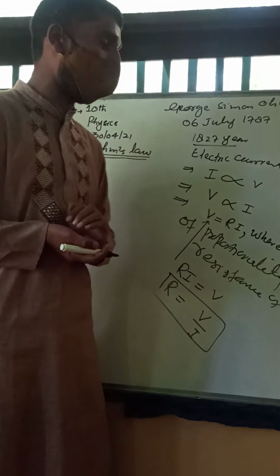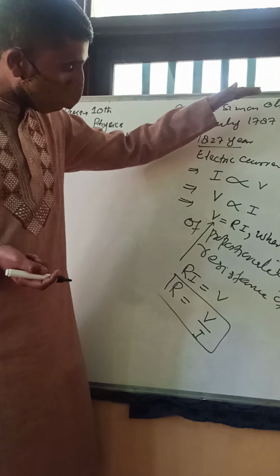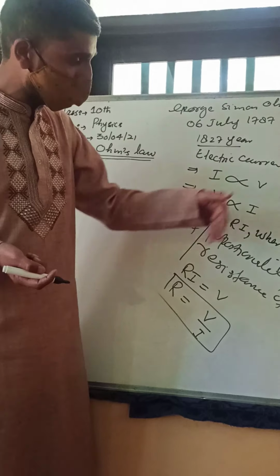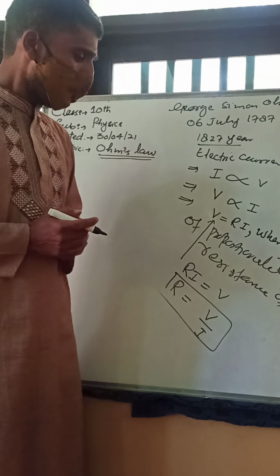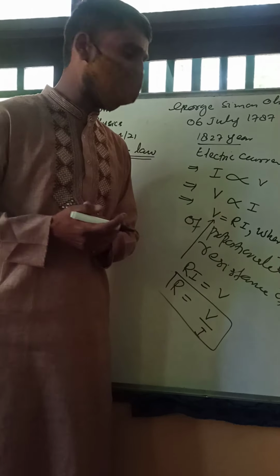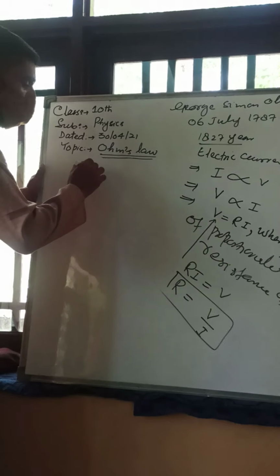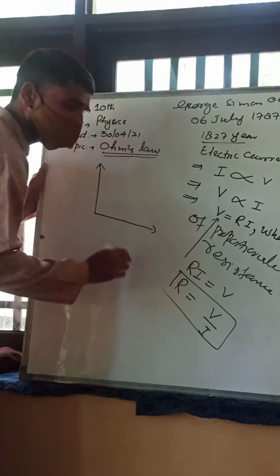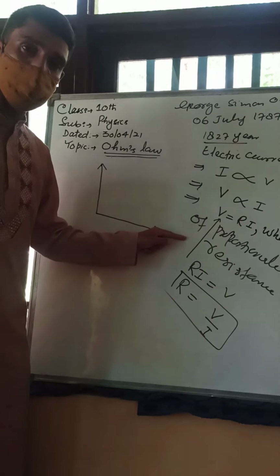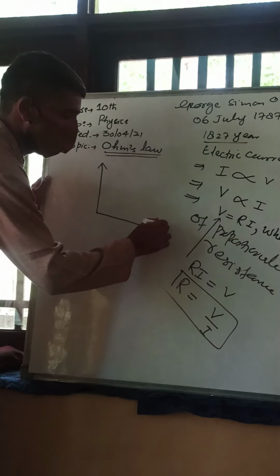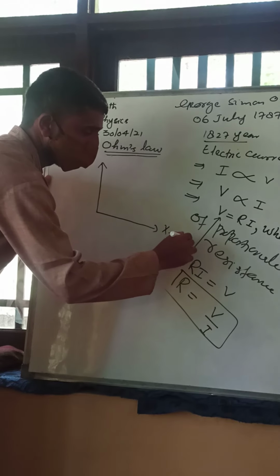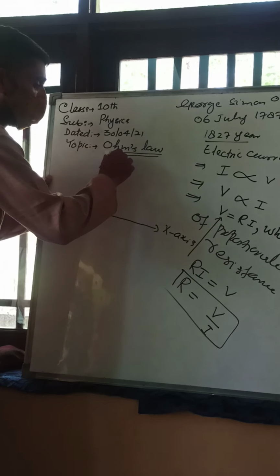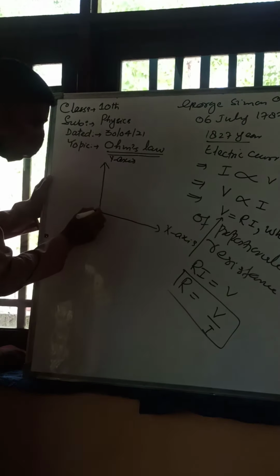I hope that you have understood all these things which I have discussed here. One more important point. If we want to plot a graph for Ohm's law, we have to take two axes. This is called the x-axis, and this is called the y-axis.